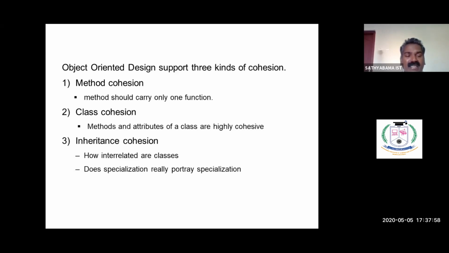Then class cohesion, where the methods and attributes of a class are highly cohesive, and each class communicates with other classes. Then inheritance cohesion, which deals with the superclass and subclass relationship, how they are interrelated and how the properties are shared. Class cohesion is about how the attributes and methods within a class communicate and interact. That should be high.